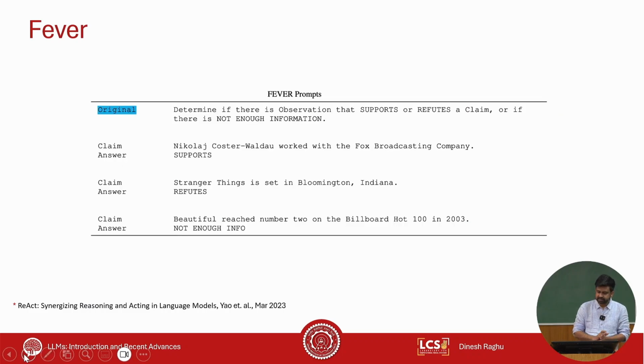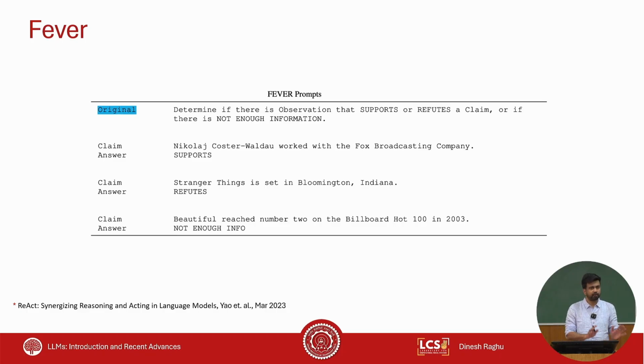So these guys, in addition to HotpotQA, also used another dataset called FEVER. The task here is very simple: you are provided with a fact. The fact could be Stranger Things is set in Bloomington, Indiana, or that Nikolaj Coster-Waldau worked with the Fox Broadcasting Company.